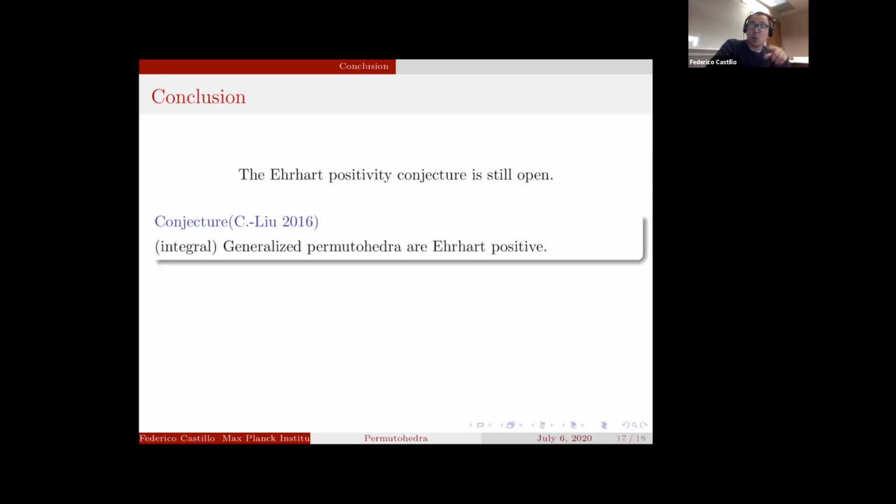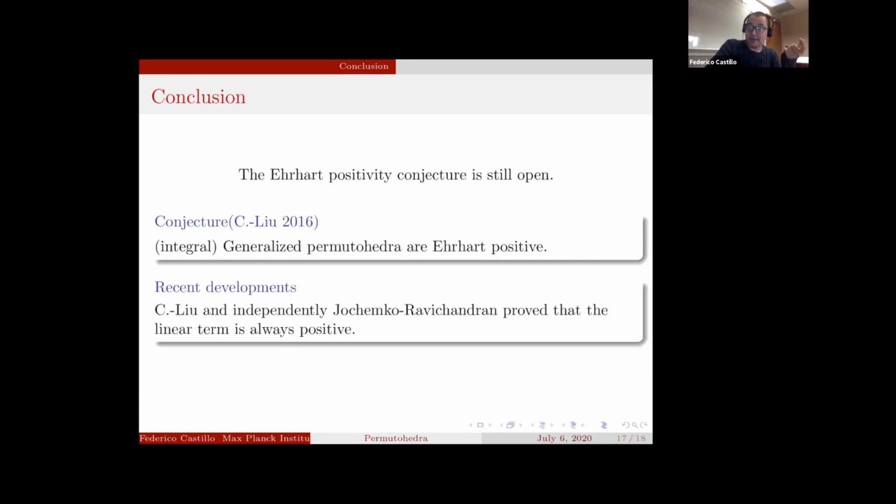And actually, in this same project, in the same paper abstract, we prove that the linear term is always positive. And independently, Katrina Hachenko and Mohan Ravichandran also proved that the linear terms are always positive. It's also surprising because, to me, this is positive evidence.